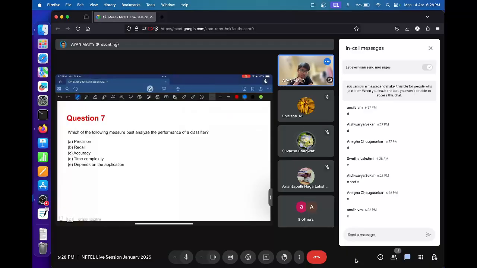Shweta Lakshman says option C, which is accuracy. Aishwarya Sekhar says C and D. Nagachugankar says option E, which is depends on the application. Ansela Dion says depends on the application.